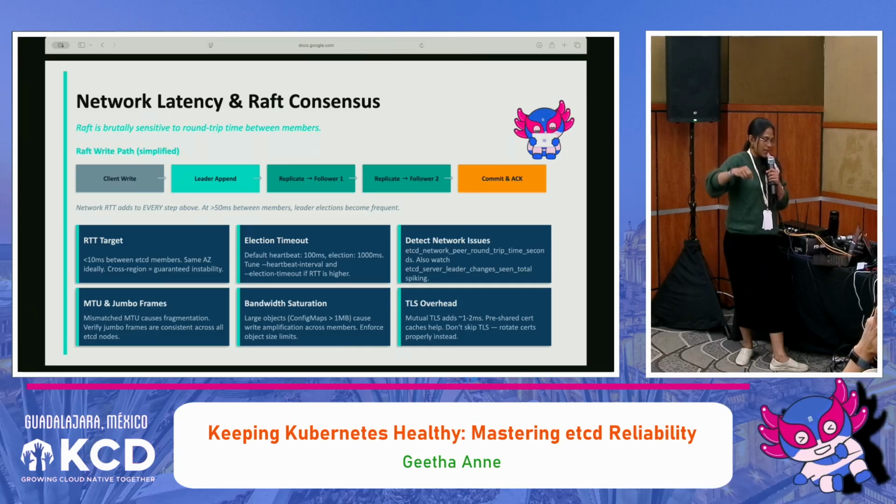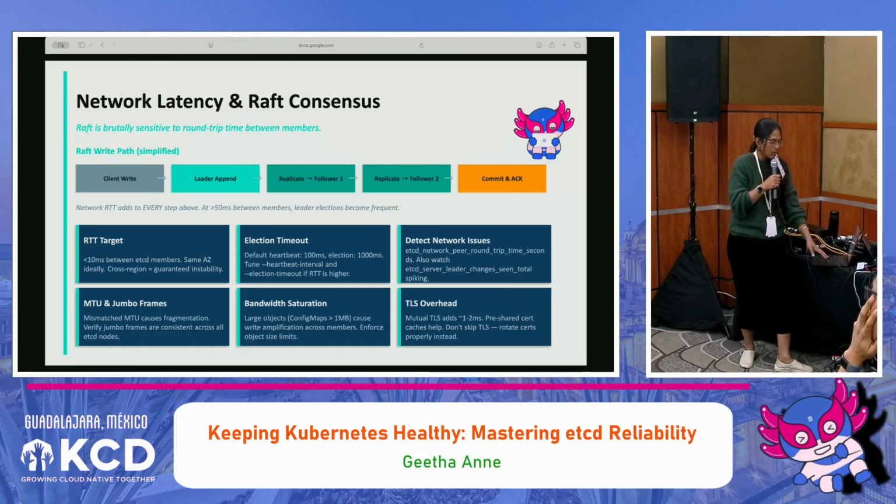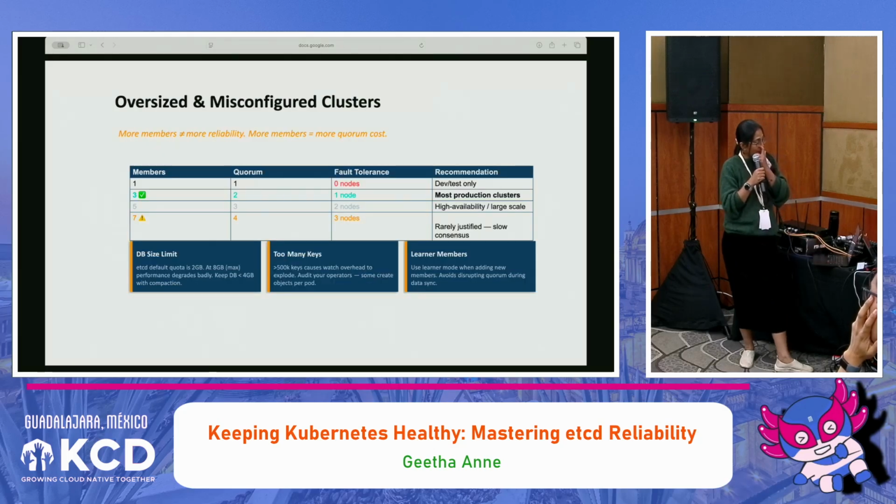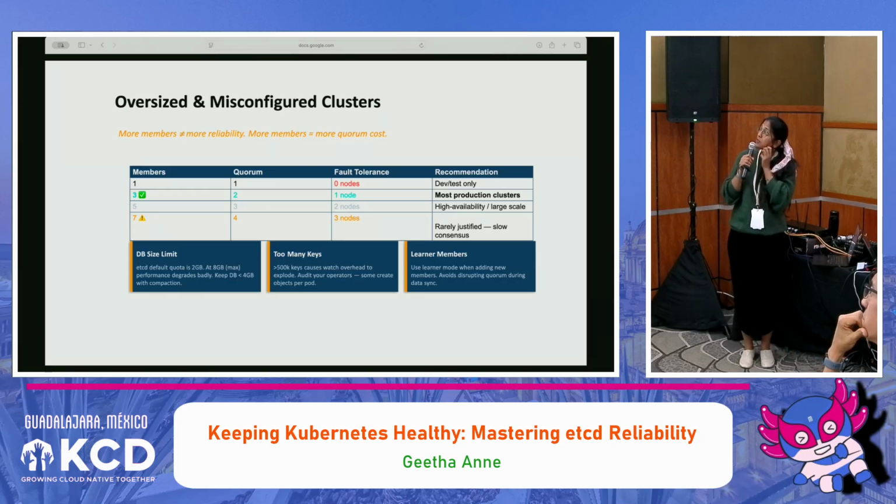So imagine this, and it keeps growing. That's the reason why you want to keep these objects as small as possible. That's what etcd is designed for: smaller objects, not for large config maps or pod status or any other metrics.